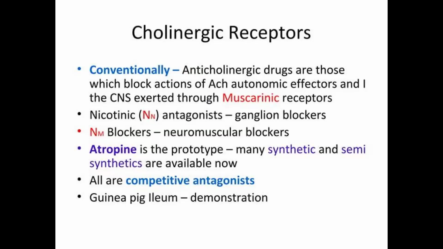Semi-synthetic drugs related to atropine are also available. They are all competitive antagonists, and usually guinea pig ileum, which is a part of the intestine, is used for demonstration of their effect. You might be well aware of the organ bath assembly, where we check the action of a certain drug.